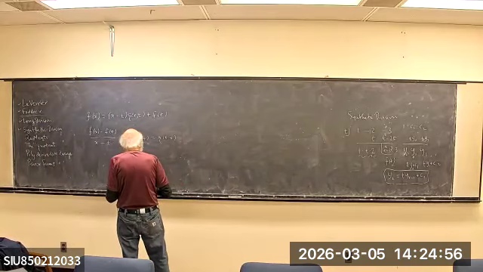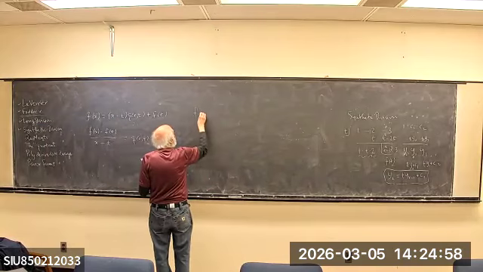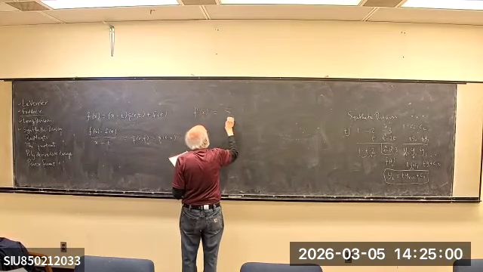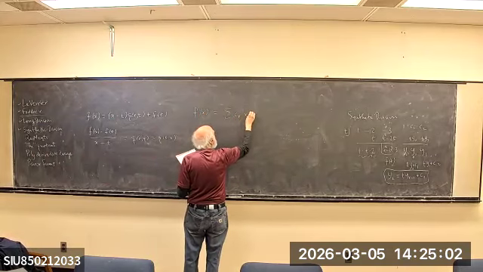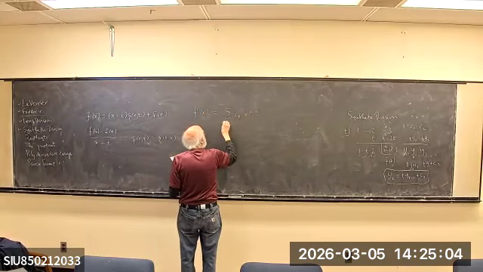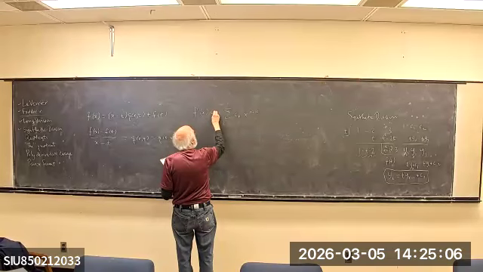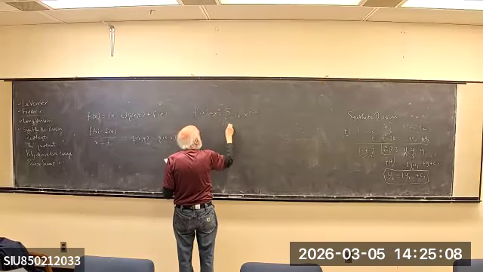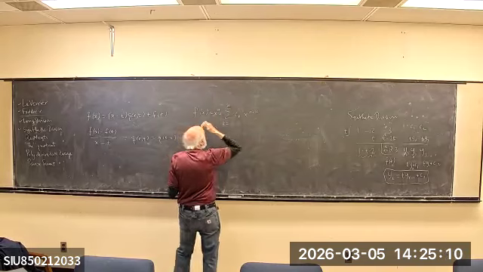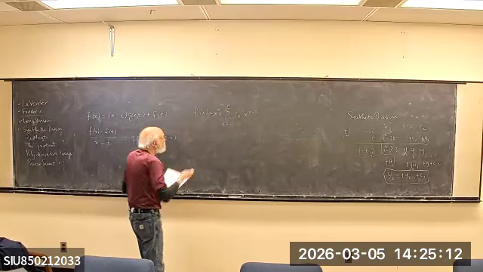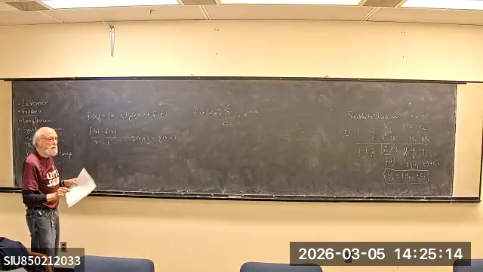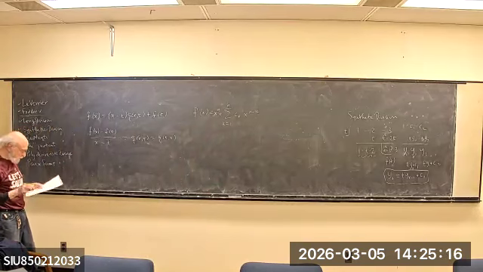If you want to introduce a little notation, f of x you can write as the sum of c_k x to the n minus k, with k equal to 0 to n. So there are n plus 1 coefficients, it's degree n.